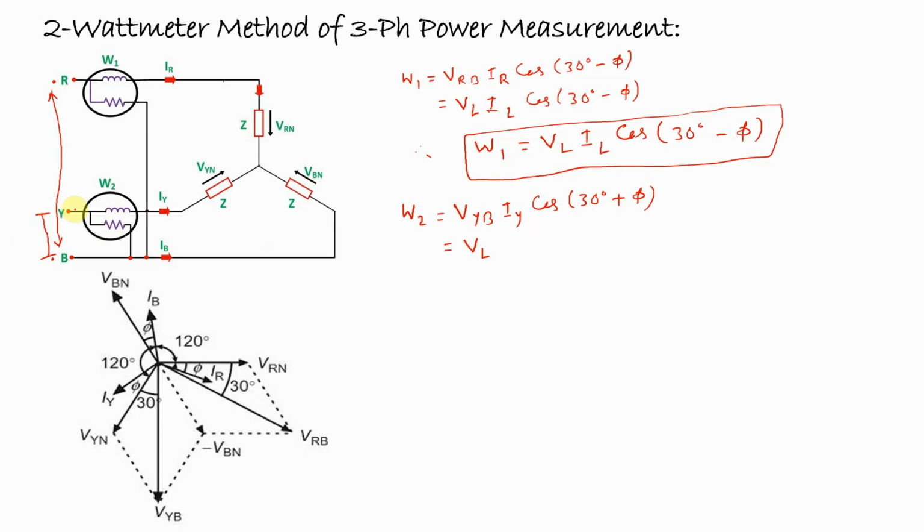IY is the current flowing in the Y phase, so this is the line current, into cos(30 plus phi). So the reading of the second wattmeter is VL IL cos(30 plus phi).